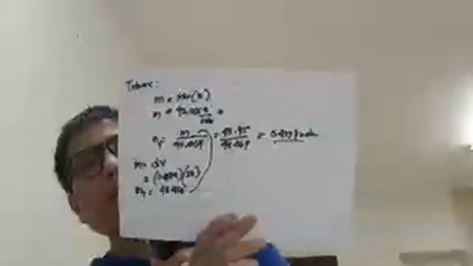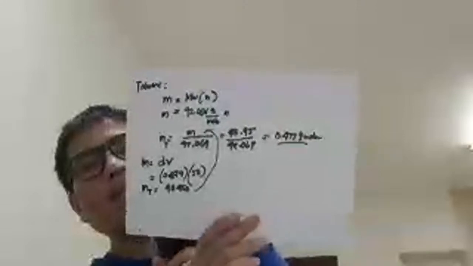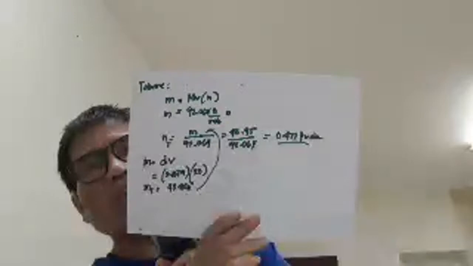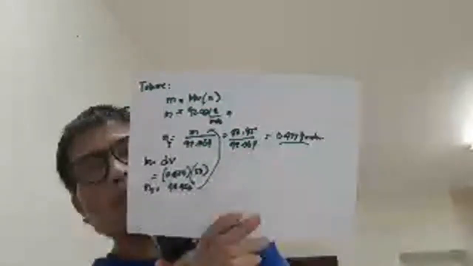So in the same manner as with heptane, we can solve for the molar mass of the toluene, and after getting the molar mass, you can substitute that in the mole equation, and then you can get the value of the number of moles. The number of moles for toluene is 0.477.